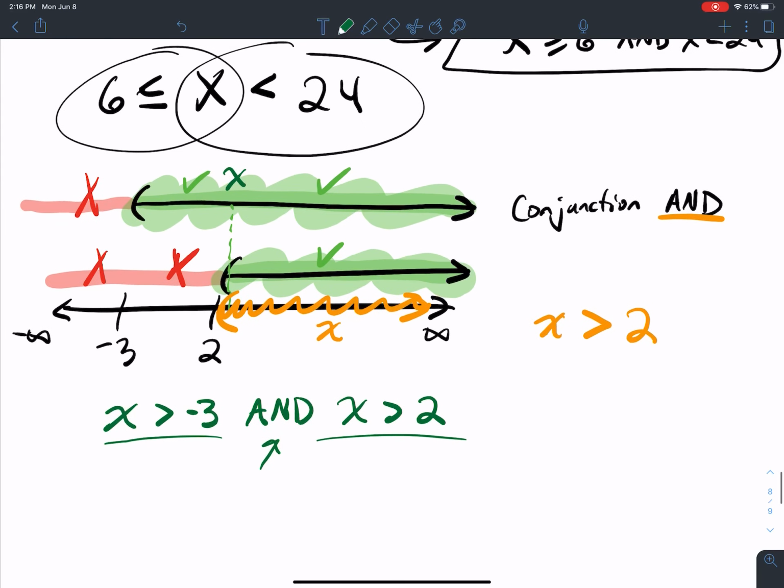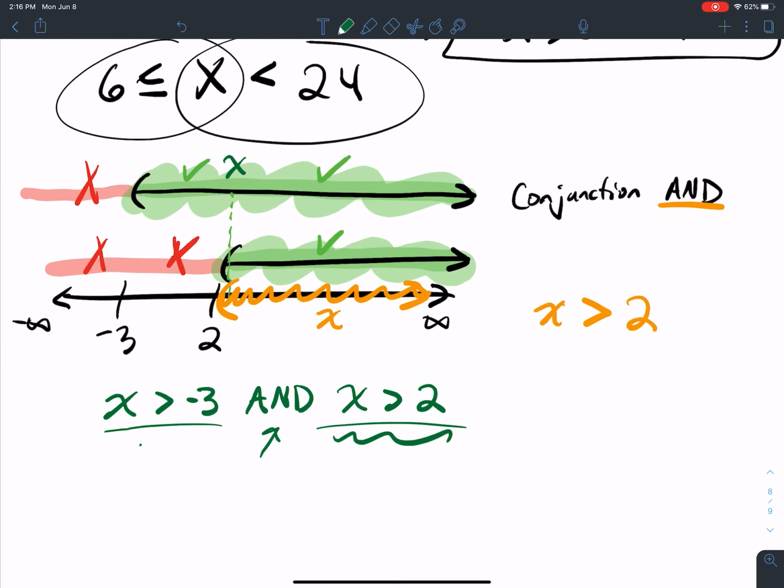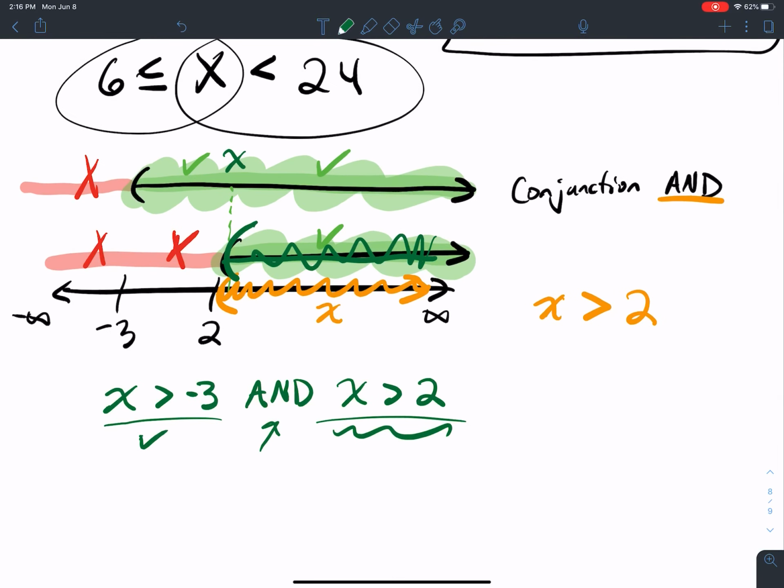Well, by golly, guys, if we are greater than 2, are we greater than -3 automatically? Yeah, I think so. If we are over here, we're definitely bigger than over there, right? So this is a little bit redundant, and so we simplify it to that right there, okay? So this and becomes just a single linear inequality there, okay?